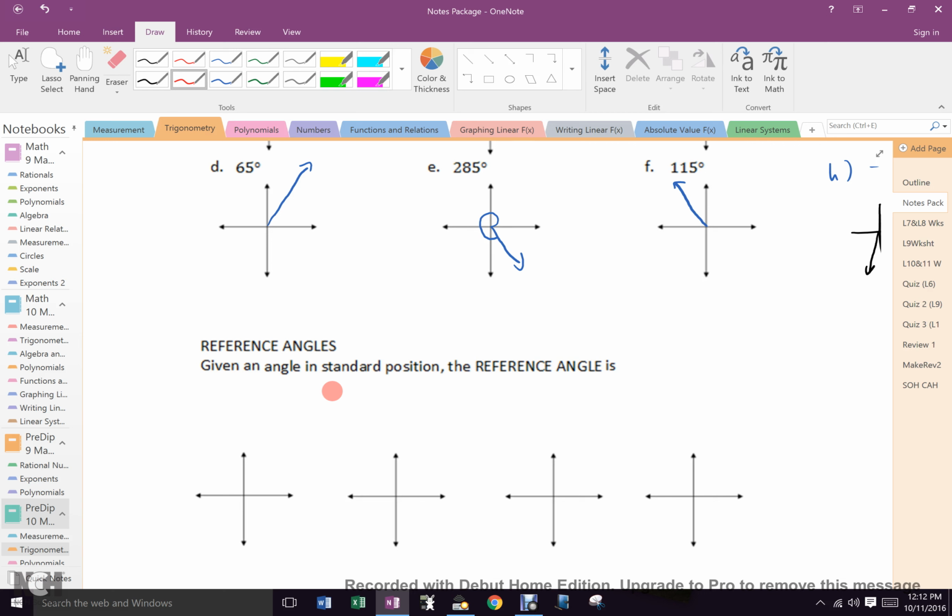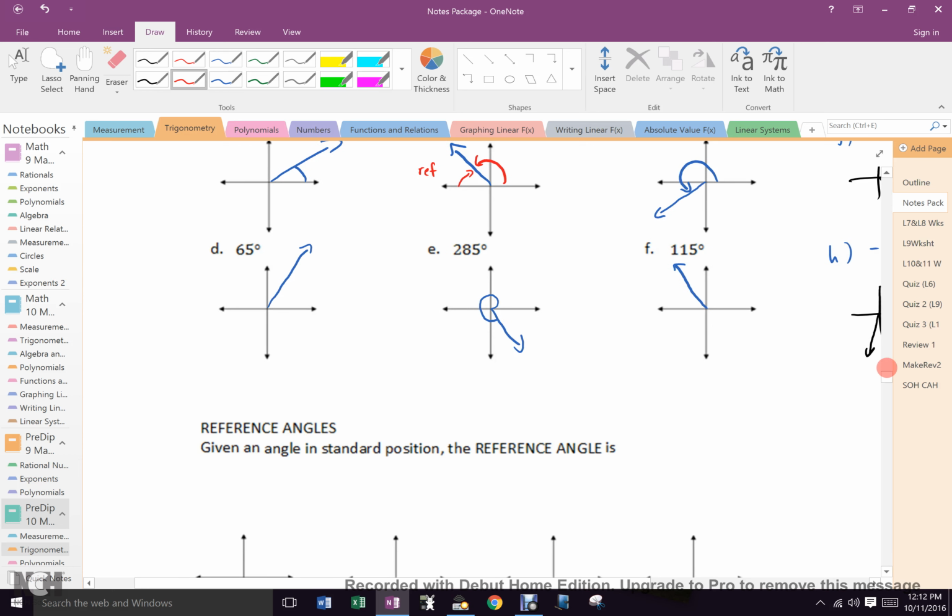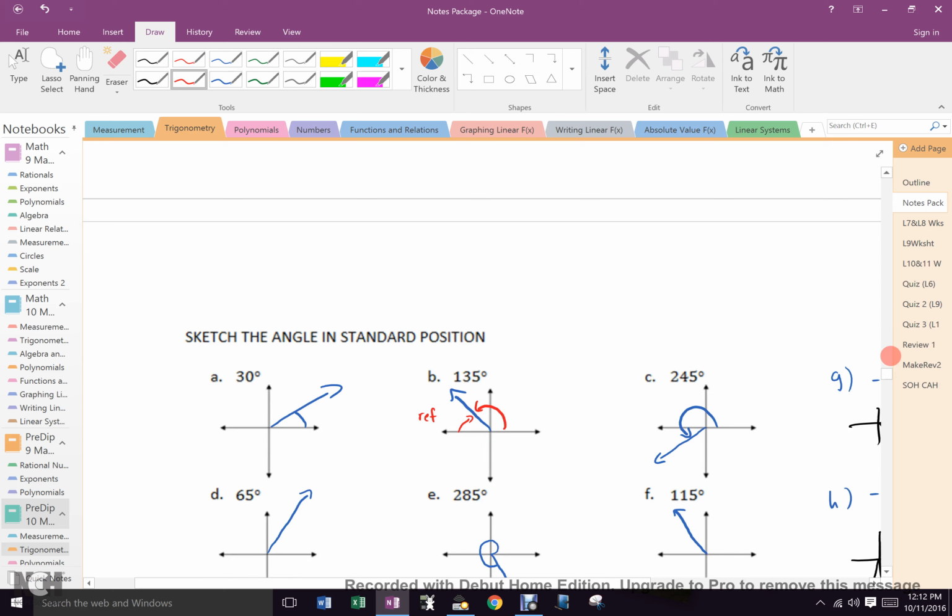Now, if I were doing SOHCAHTOA with you people, could you do SOHCAHTOA on 135 degrees? Yes or no? Why? Because it's not a right angle, right? And it's bigger than 90. So we're in trouble, aren't we?